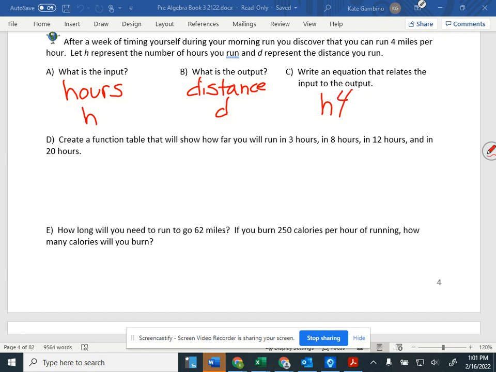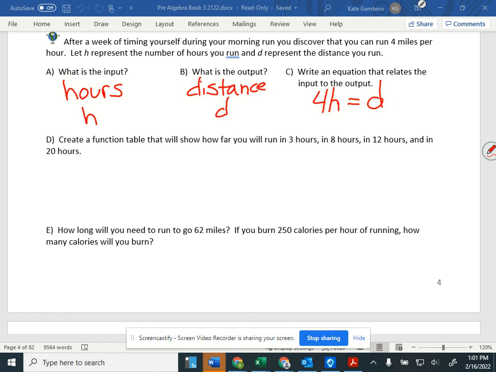That doesn't look quite right. 4H. We put the number first and then the variable. So you had the right thought. Okay, so 4H equals what, Joseph? D. 4 times your hours equals your distance.